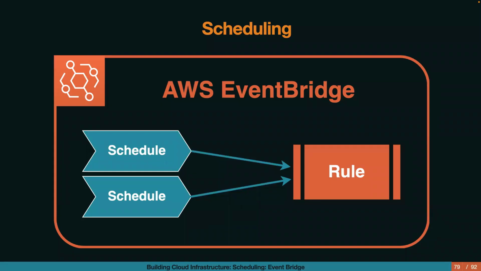Since cron jobs introduced vulnerability, we then considered AWS EventBridge. EventBridge is a serverless event bus that can receive and route events based on user-defined rules. And these rules can include cron expressions. We could use cron expressions to trigger events on schedule.